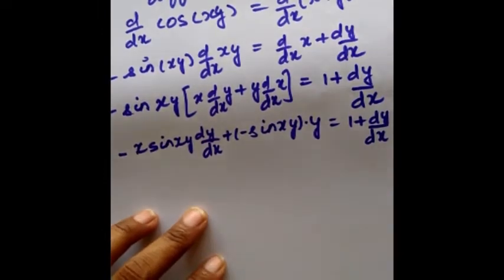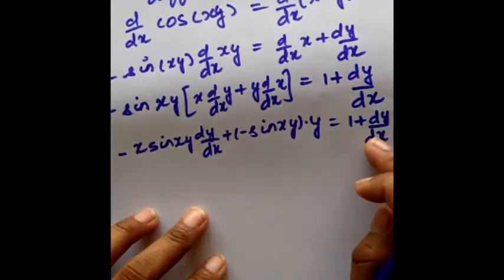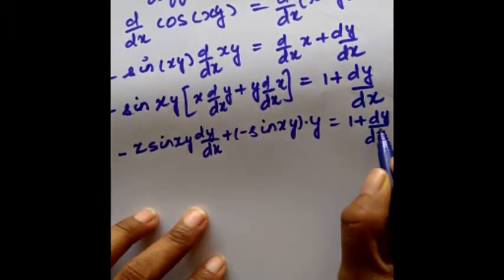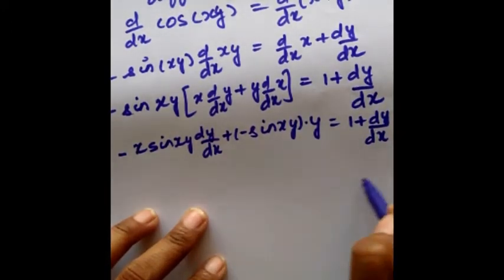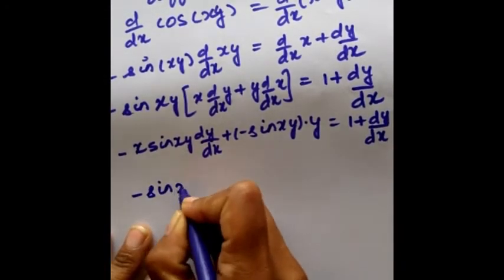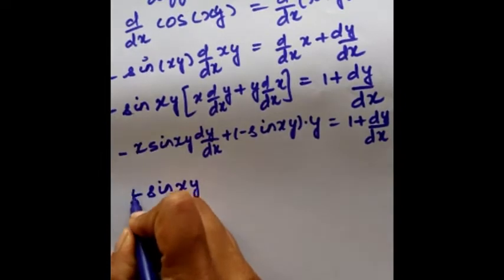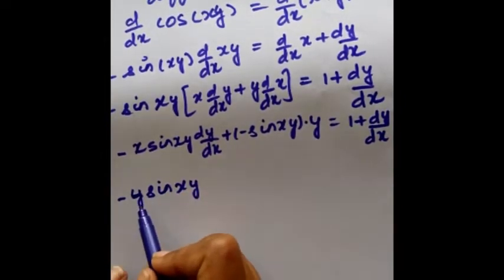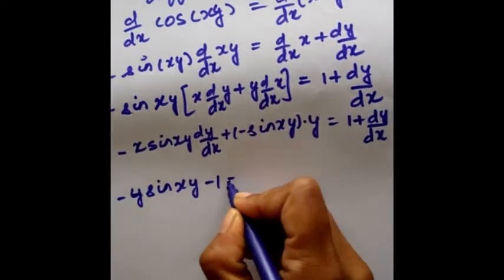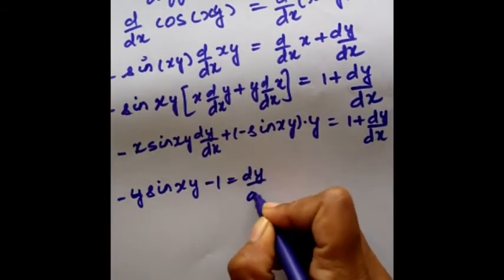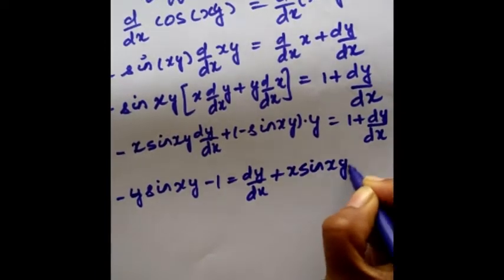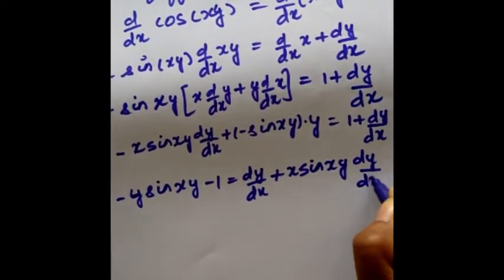Alright, so I will take the dy by dx terms together and the terms free from dy by dx together. So I'll shift this over here. I will get minus sin of xy times y, so minus y sin xy minus 1 equal to dy by dx plus x sin of xy dy by dx.